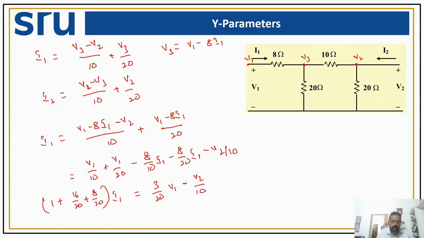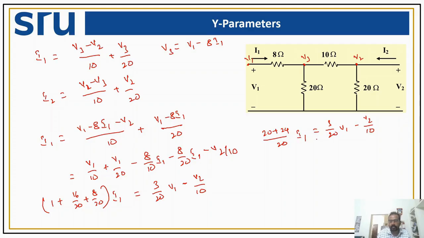So let us rearrange these equations. 20 plus 24 divided by 20 I1 is equal to 3 by 20 V1 minus V2 by 10. So it is 44 by 20.